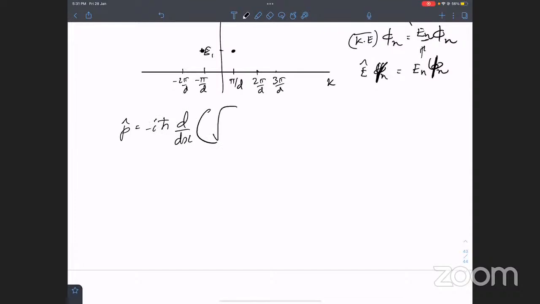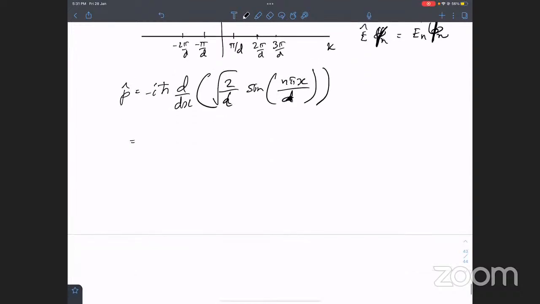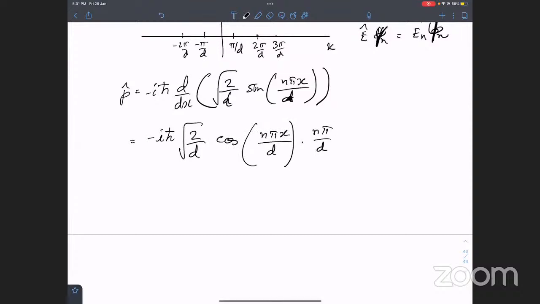Let's operate on this, root 2 by d sine of n pi x by d. If you go ahead with this derivation, I'm going to get i h bar root of 2 by d. Differentiation of sine is cosine n pi x by d, multiplied by n pi by d which will come outside.